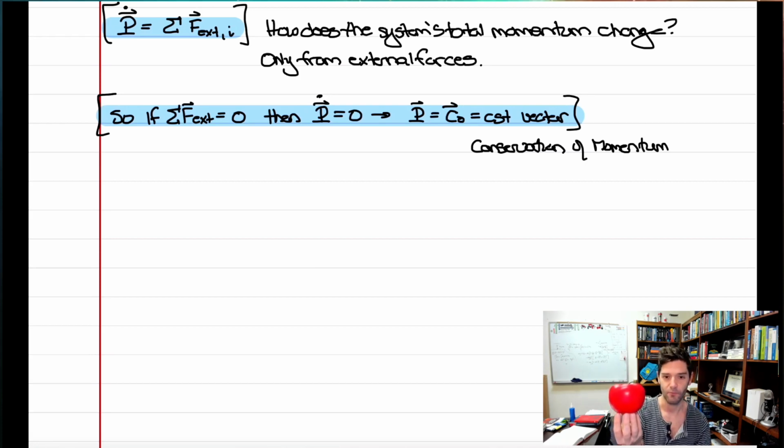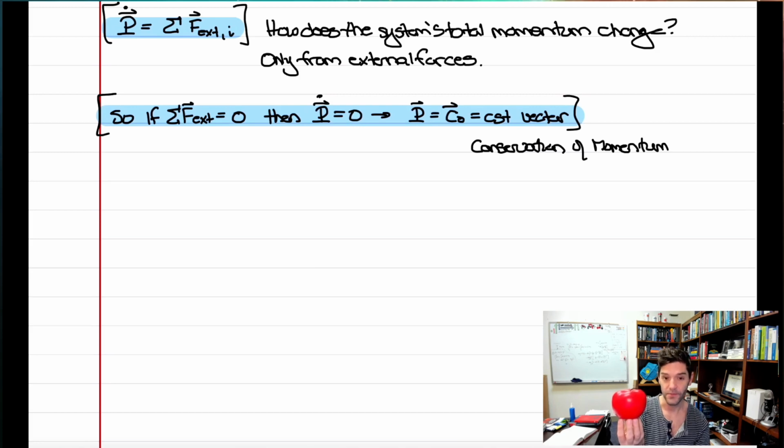So while there are external forces, there is no net external force. So if the apple has zero momentum, it will continue to have zero momentum because there's no net external force, even though there are actual external forces on the system, but the net is zero. So in this case also, momentum is conserved for just the apple.